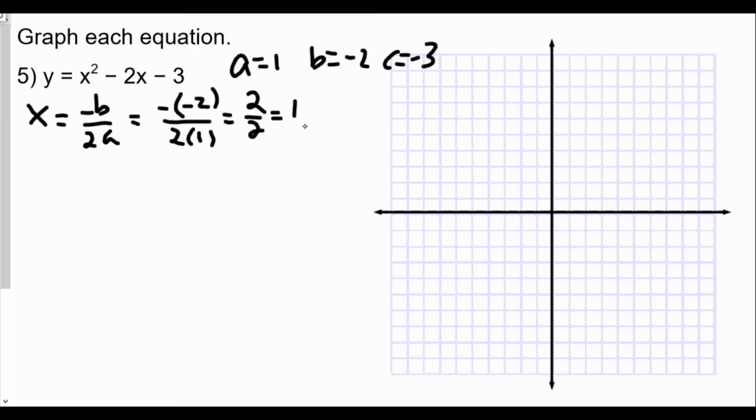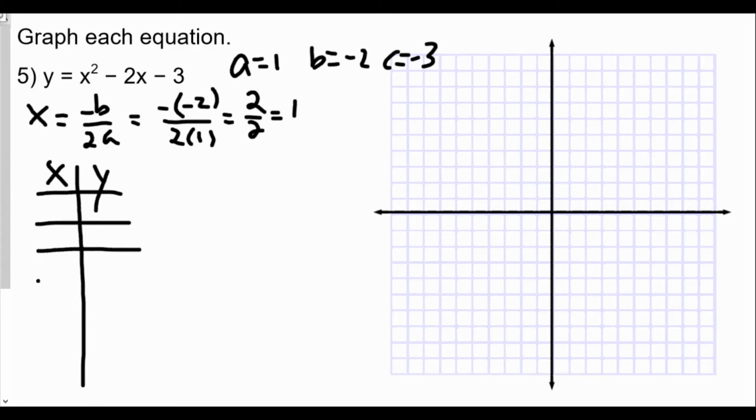When we make our table, I'd like to make a table of 7 values. The axis of symmetry value we found, which is x equals 1, will go in the middle.